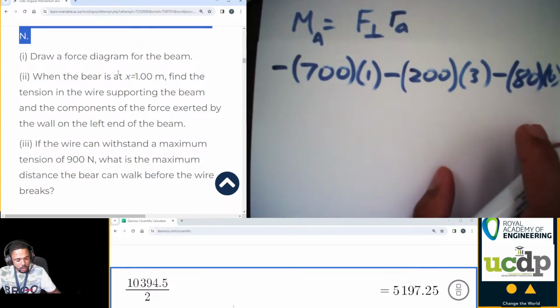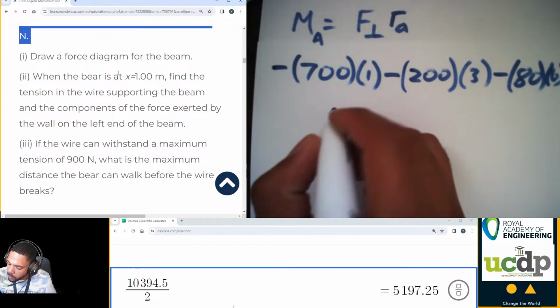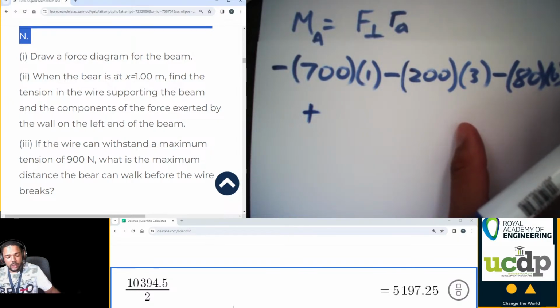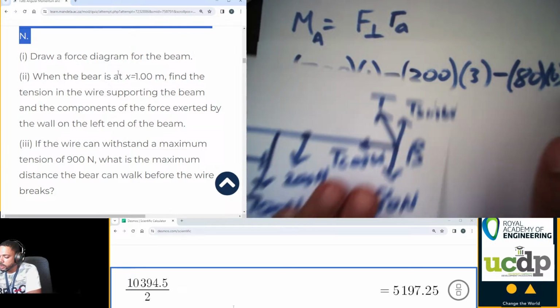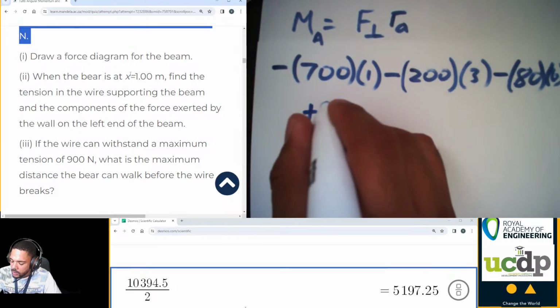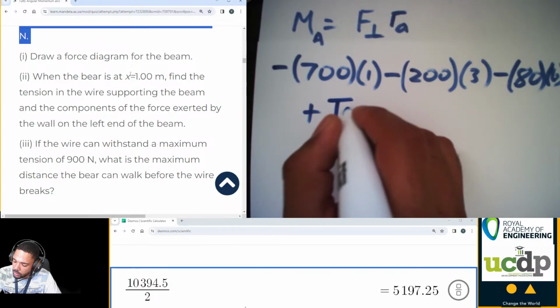So there we have all the moments going clockwise. And then there is one plus, one moment going in the opposite direction. It is this moment here, going straight up with T sine 60. That is T, the tension, sine of 60.